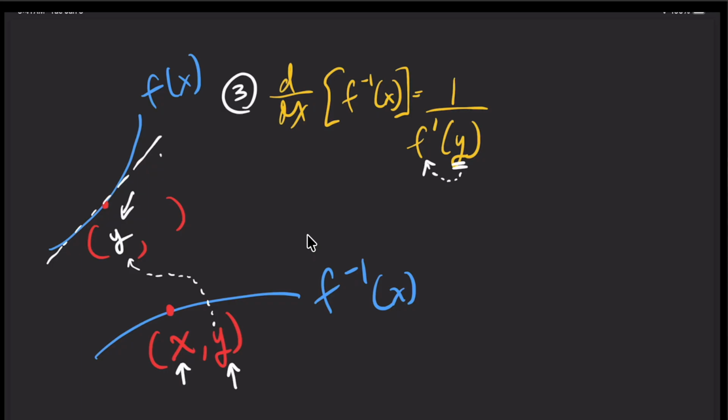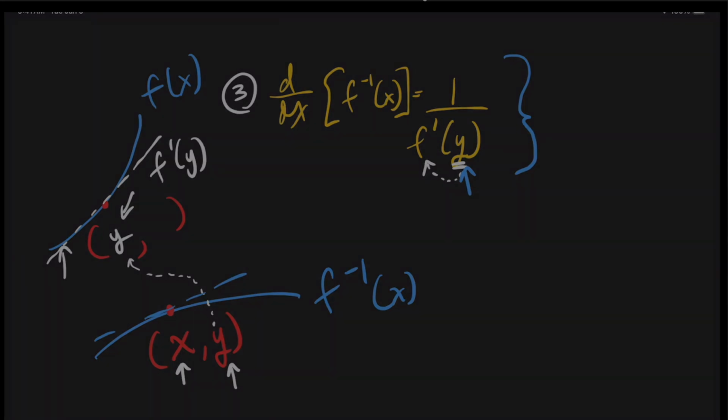F prime of y will then give you the slope of that line, and to get the slope of this blue line, we take the reciprocal. Again, the output on the inverse graph gets plugged into the derivative of f, and that value is in the denominator. All these formulas are the same.